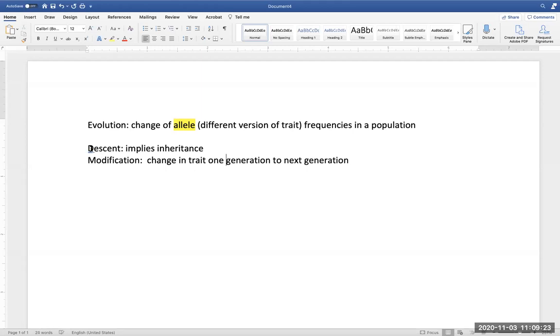So that's our definition. This is one of many definitions of evolution, but this is the one our book is using. So we just defined evolution.